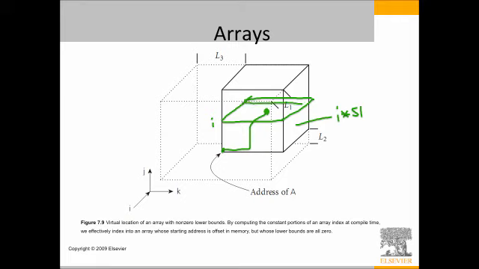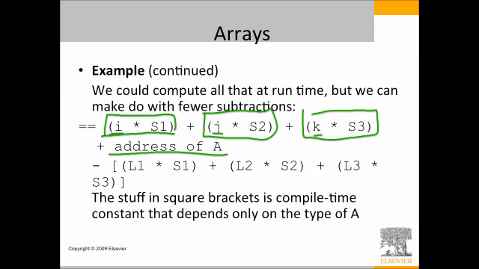Let's say that j was right there. We have to be able to move this amount of space right here. So that is j times S2. And finally, to get to the right place, that's the k, we have to move this amount of space right there. Okay, and that is k times S3, hence that computation.